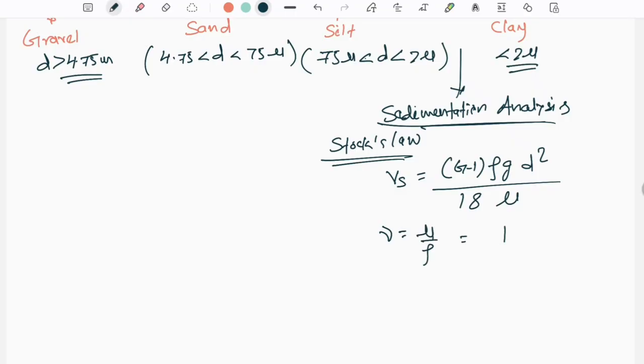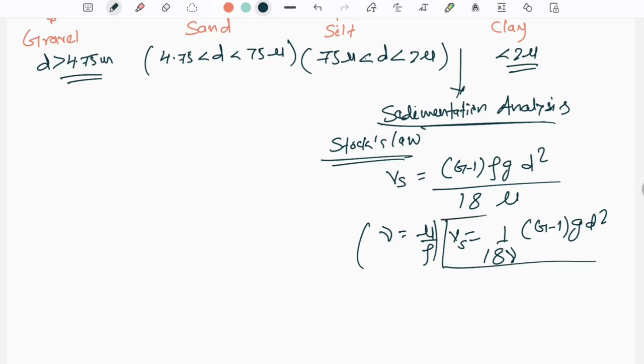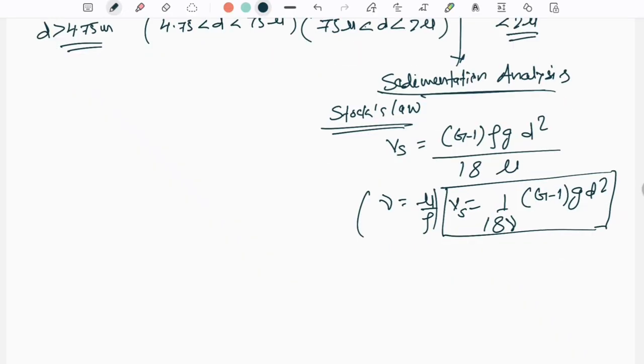So you can also write Vs equals 1 by 18 nu times (G minus 1) g d square, since mu by rho is cancelled out. This is the expression for Vs. One numerical question is also asked on this relation.